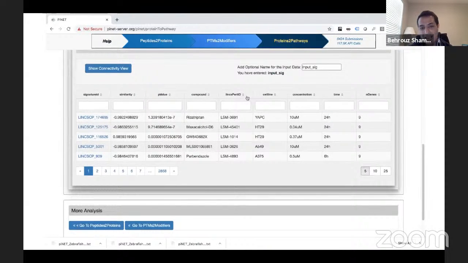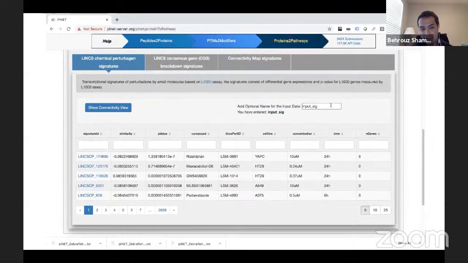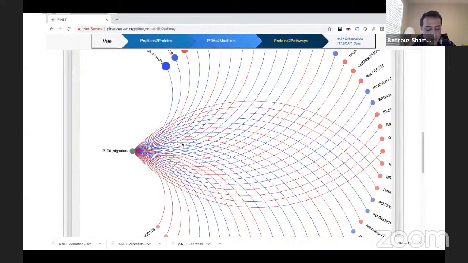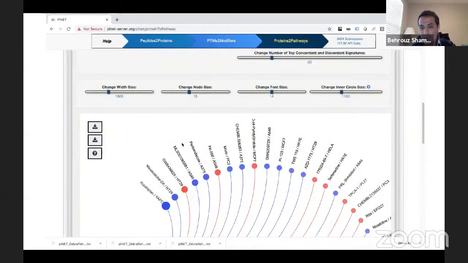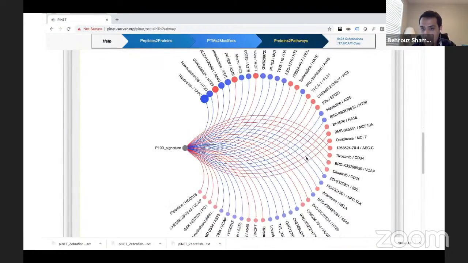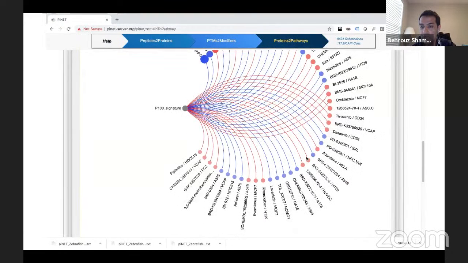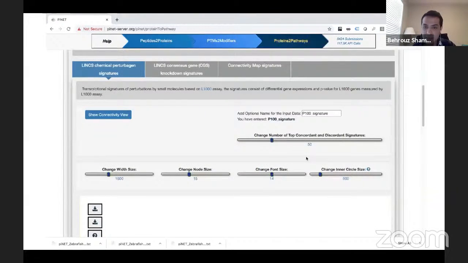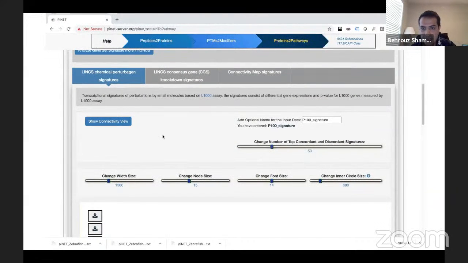And the last thing that PINET does is the connection to LINCS, which is the essence of PINET. Basically, if we generate a signature from the first, second, or third tab, how can we find drugs that reverse this signature, or gene knockdowns whose readout is similar to our input?